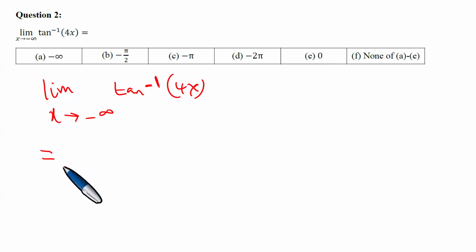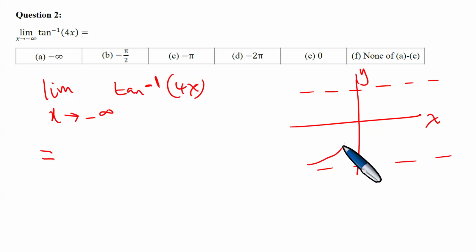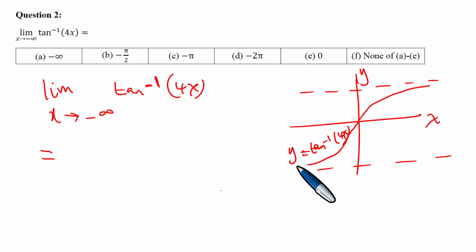You'd be able to see that first and foremost, there's a graph that goes with this. The graph associated with this function, arctan of 4x, indicates that the lower asymptote is minus pi over 2 radians, and the upper one is pi over 2 radians.